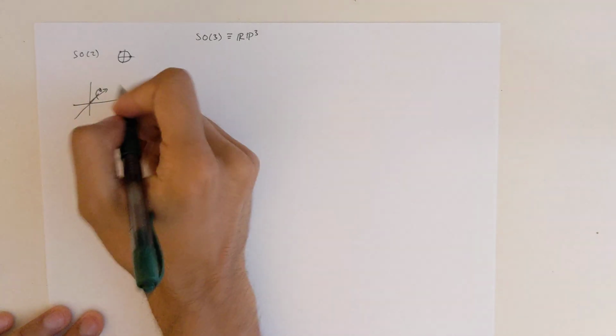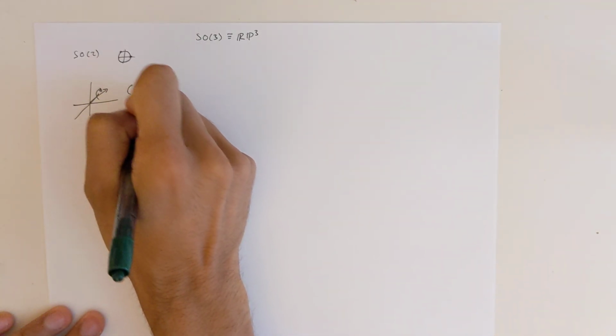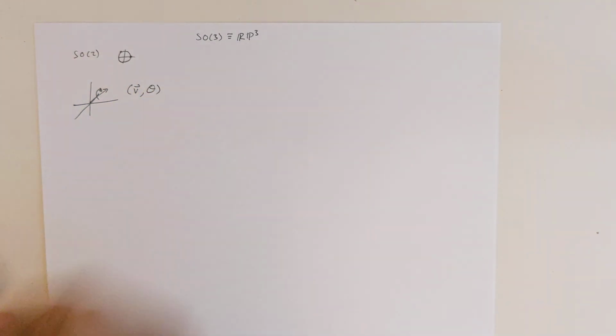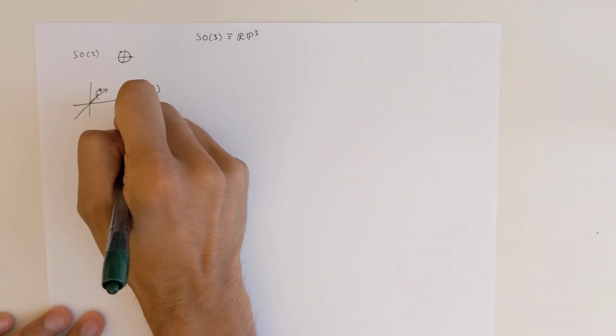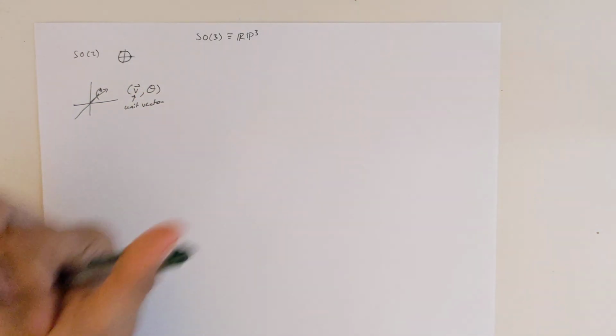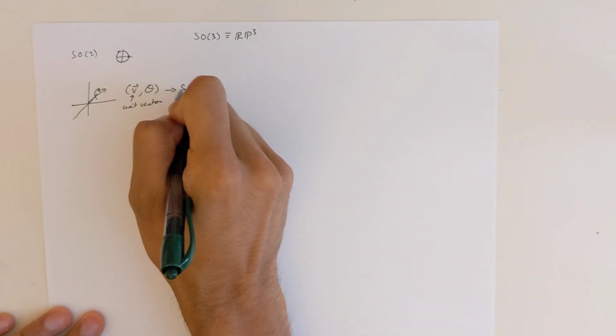This is encapsulated by taking some vector v and specifying some angle theta. Without loss of generality, we can take v to be a unit vector. You pick the direction v and then rotate by the angle theta around v, and this uniquely determines some rotation in R3.